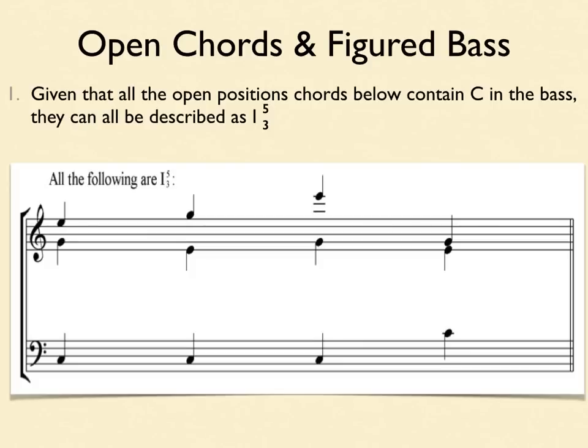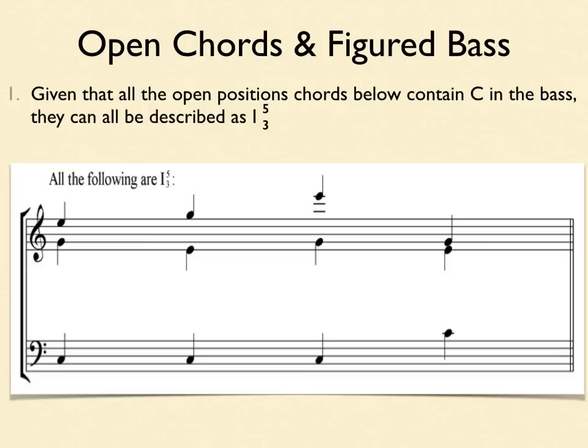And also it's important to note, when you're using open chords with figured bass, given that all the positions in the chords below contain C in the bass, they can all be described as 1-5-3 chords, chord 1, 5, 3. So in other words, a chord 1 in root position. If you look at all four chords, you'll see that the C is the lowest note in each one.